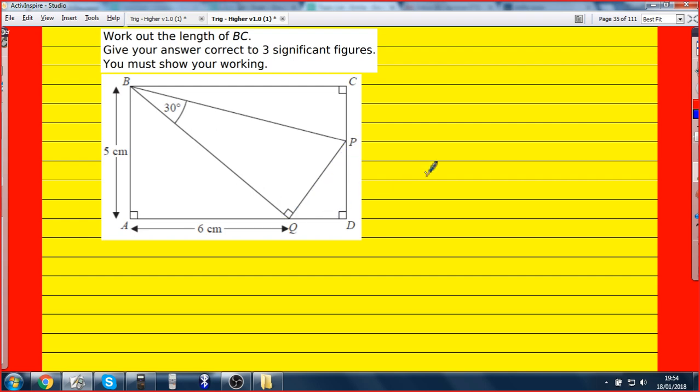But then if you know 30, then what do you do with the other lot? I suppose you could actually find this angle. I don't know how that helps you.